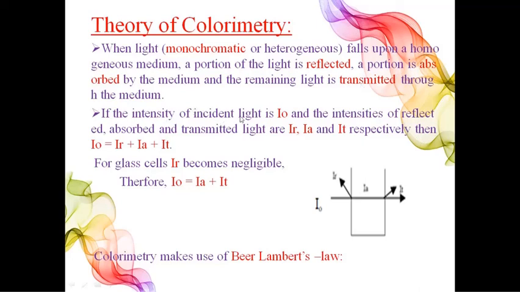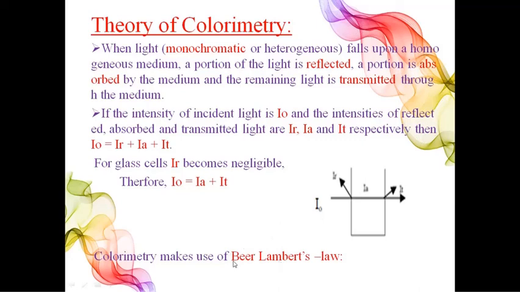If the intensity of the incident light is I0 and the intensities of the reflected, absorbed and transmitted light are IR, IA and IT, then I0 is equal to IR plus IA plus IT. For glass cells, IR becomes negligible. Therefore I0 is equal to IA plus IT, the absorbed light plus the transmitted light.